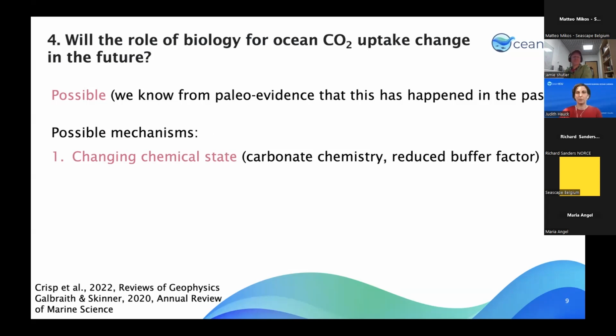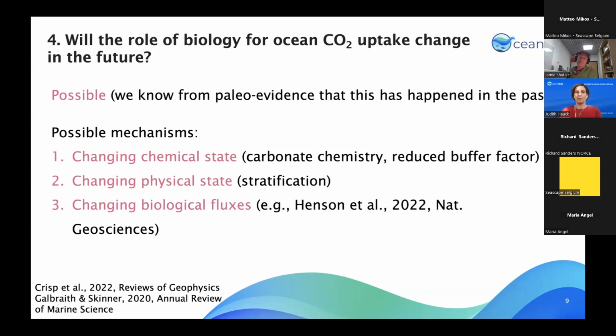So in a high CO2 ocean, the buffer capacity of the ocean is reduced, and the same amount of biology could actually lead to a different uptake of carbon. The second mechanism is a changing physical state, and I'll talk a little bit about those in a minute. And the third one is changing biological fluxes, and this is one I'm not going to detail here any further. There are very nice reviews by Stephanie Henson, for example.